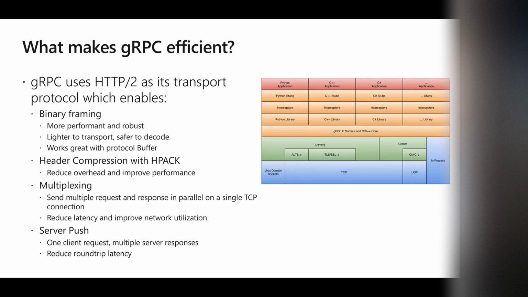One way to do that is to continuously ping the server every minute: hey, are you done? Are you done? Another way is that the server can send you messages back saying, I'm 60% done, or things like that. That once again reduces round trip latency. These are very powerful features, and they are all packaged with gRPC.